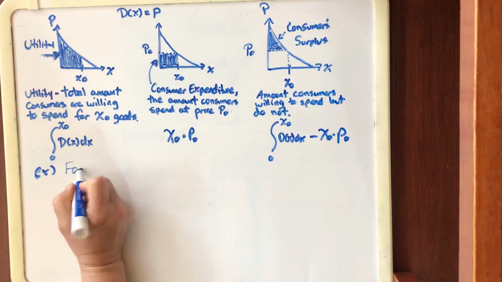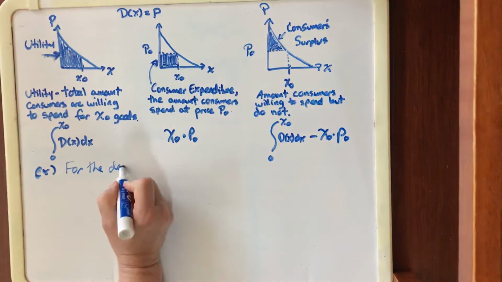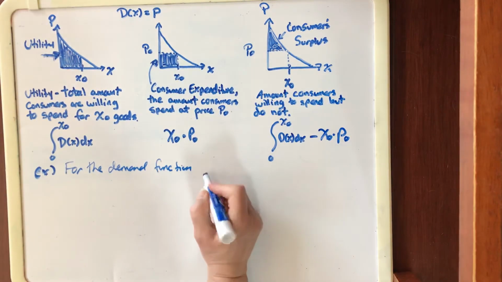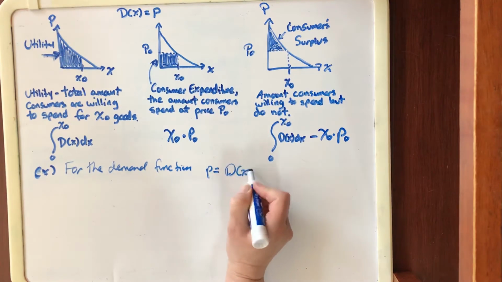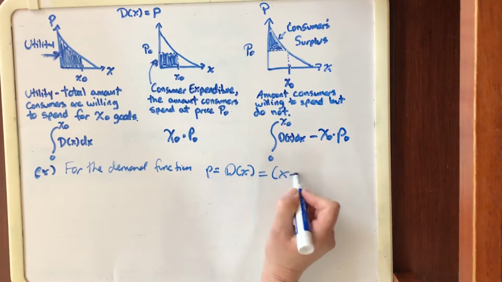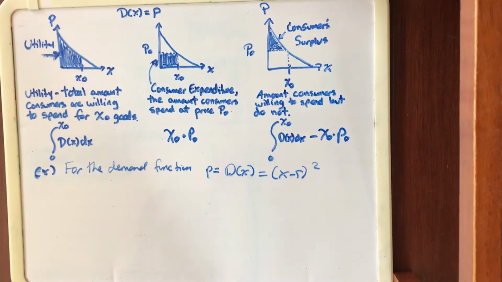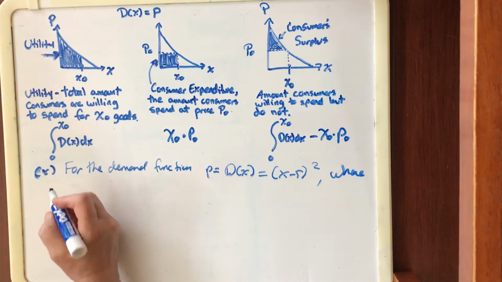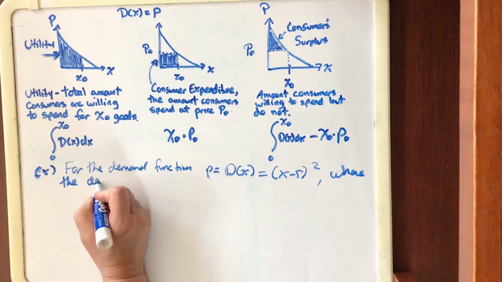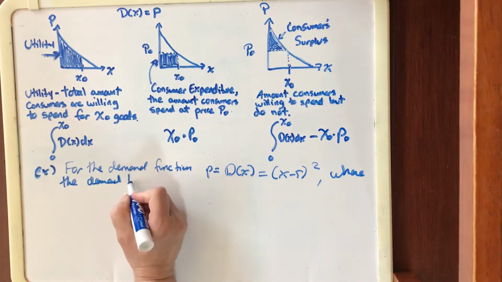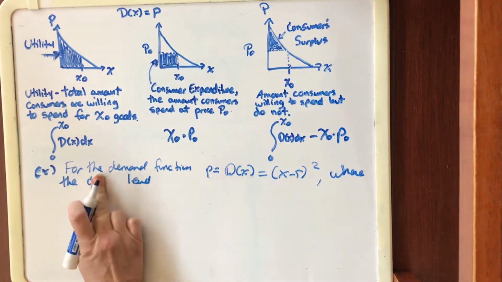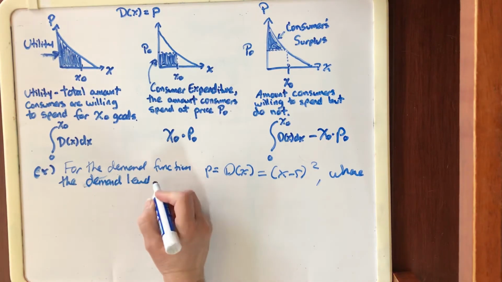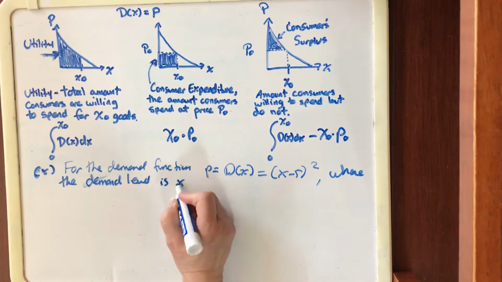For the demand function P equals D of X, which equals X minus 5 squared, where the demand level is X equals 3.